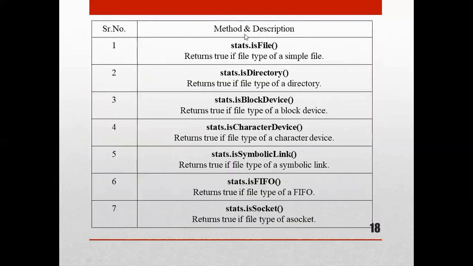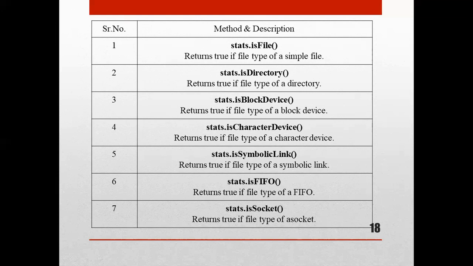Then here you can see some methods with their descriptions. stats.isFile: this function will return true if the file type is a simple file. Then another is stats.isDirectory. It will return true if the type of that file is a directory.